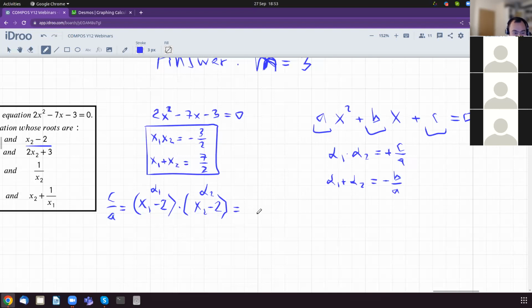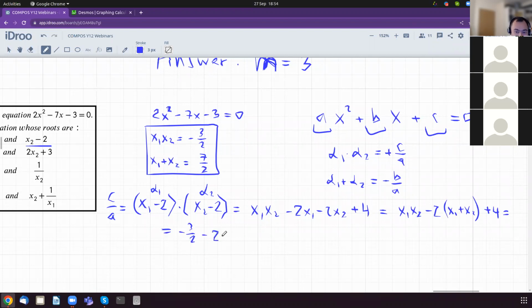If we expand this, it's going to be x1 x2 minus 2x1 minus 2x2 plus 4, which is x1 x2 minus 2 times (x1 plus x2) plus 4. And as a matter of fact, we can find this quite easily. x1 x2, we already know, is minus 3 over 2.